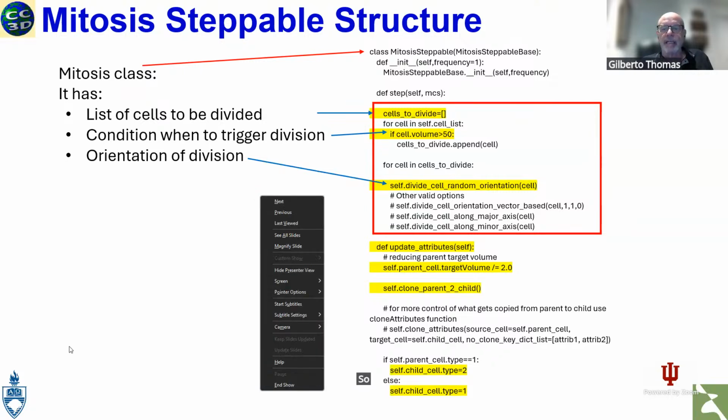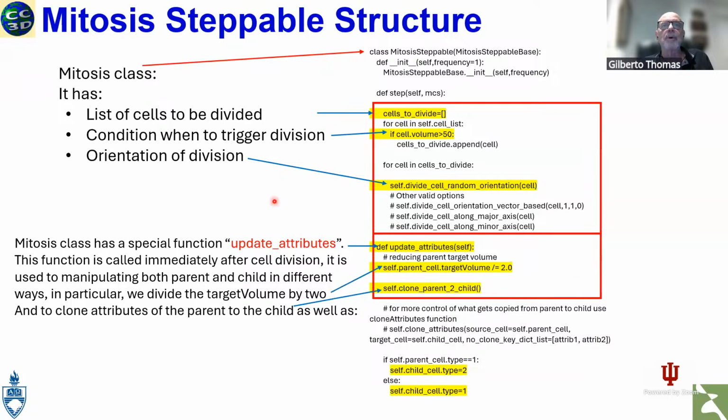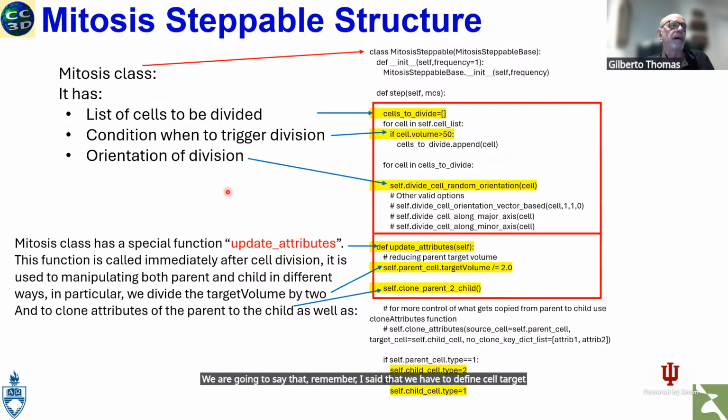So after that, we have to update the attributes of the resulting cells. This is made in this function here, define attributes. So what happened here? Remember I said that we have to define cell target and cell volume by hand here.